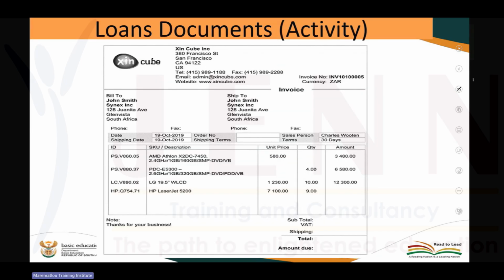Right, another financial document. If you look at this one, see this one from the Chinese shop. It's a king cube. But we know that they specialize in technology.